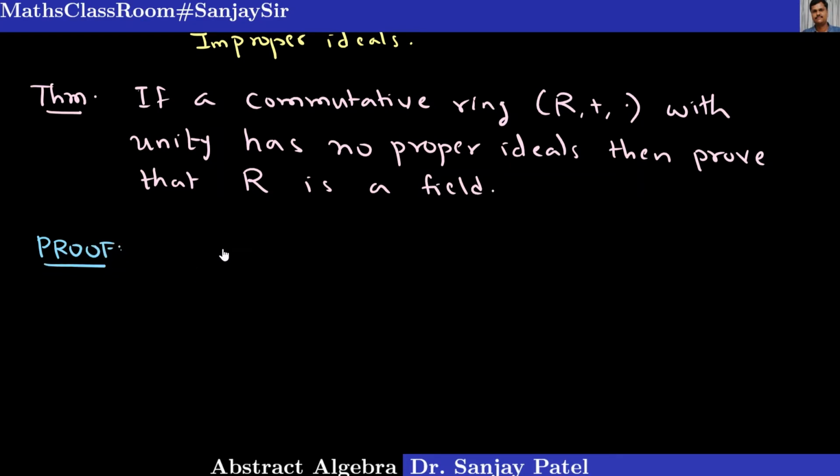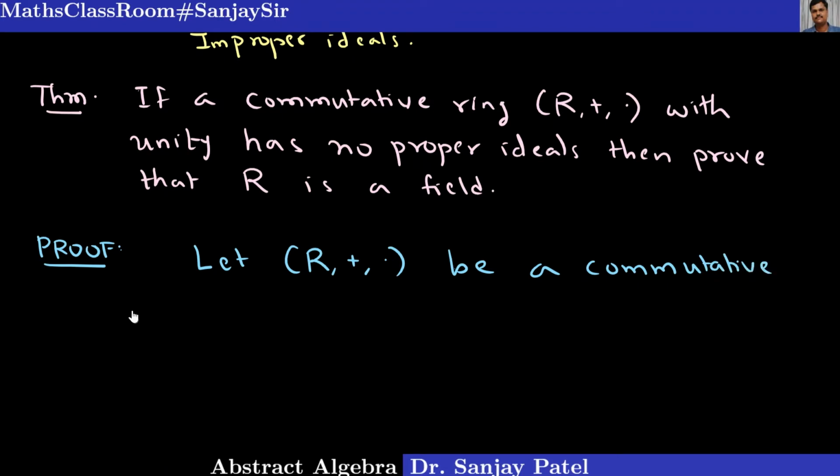So I start with an arbitrary commutative ring with unity. Let R, +, dot be a commutative ring with unity, and suppose R has no proper ideals.